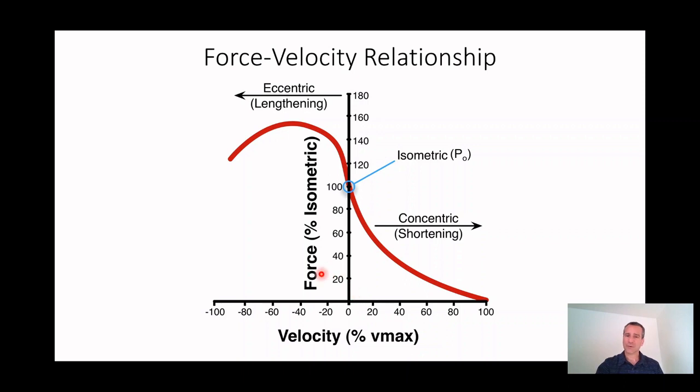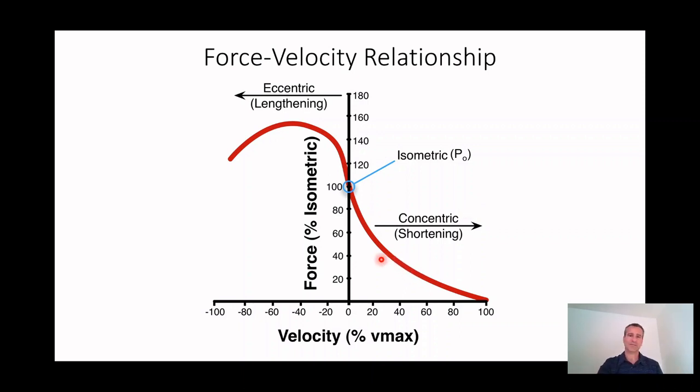Because if you want to move fast at a high velocity, you can only work against a small load or force. Okay? And so we can do high velocity shortening, that's what we call these concentric movements. High velocity, and as the weight gets heavier, the velocity starts slowing down as you go up this.